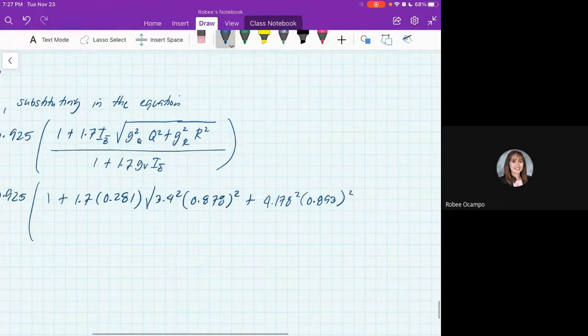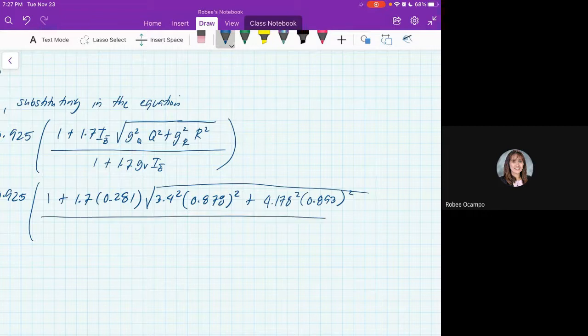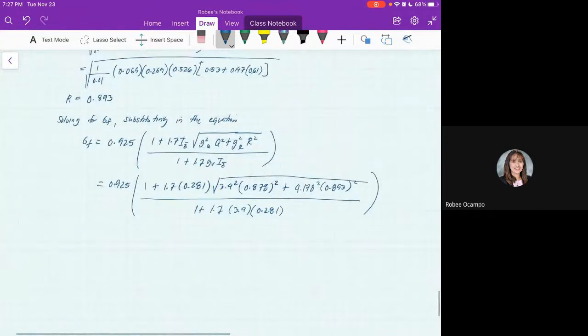So square root for that over 1 plus 1.7 times 3.4 times the value for our I sub Z bar, 0.281. So ilan or what is the value for our gas factor or GF?